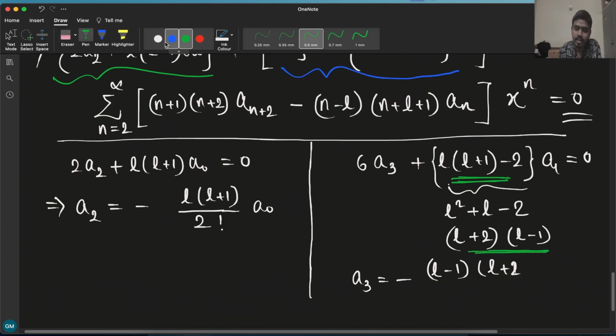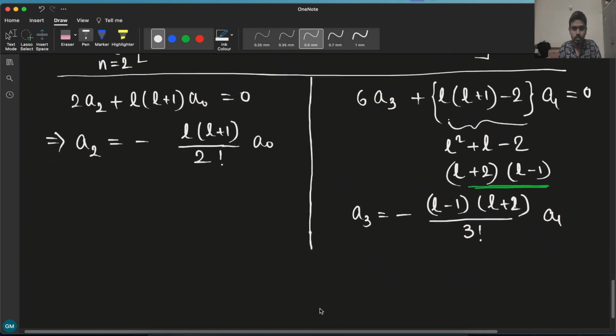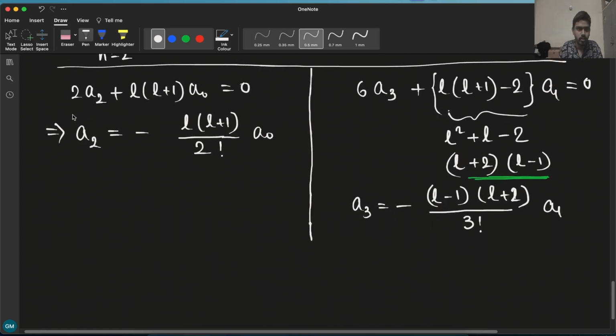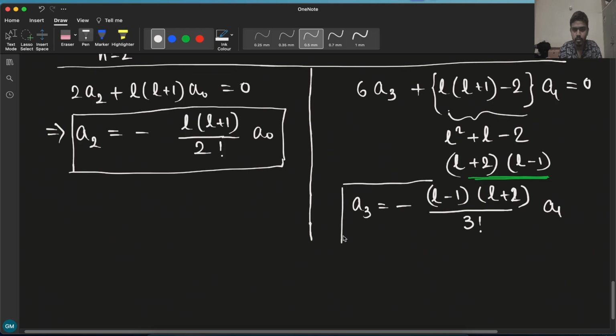That will be clear once I write the other terms, because it will follow a pattern. It is divided by 6 times a1, and 6 I can write as 3 times 2, which is nothing but 3 factorial. So this is one important term and this is the other.